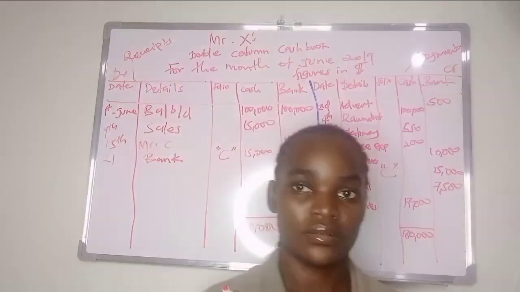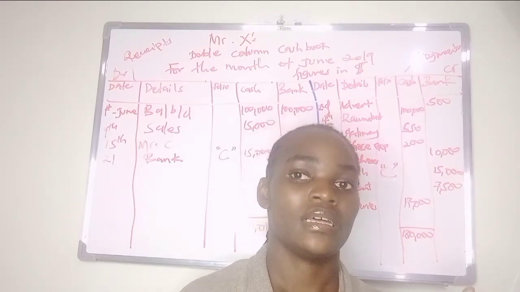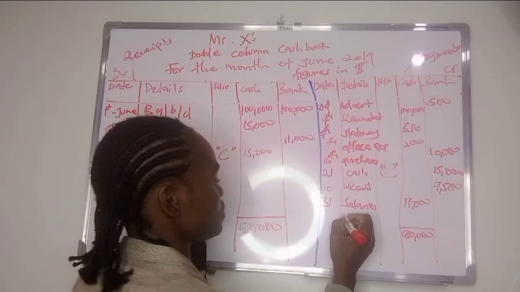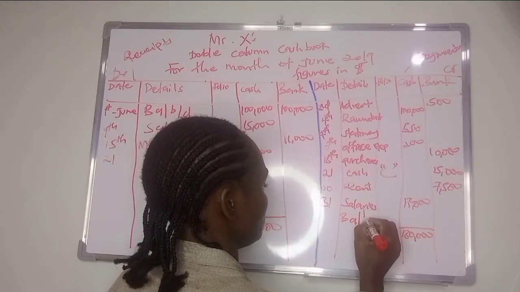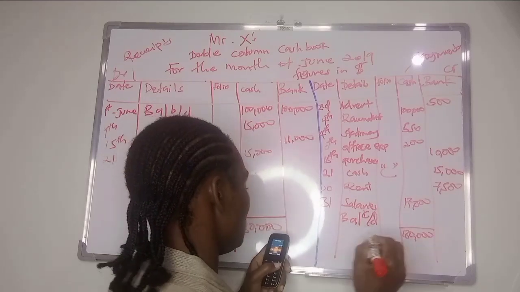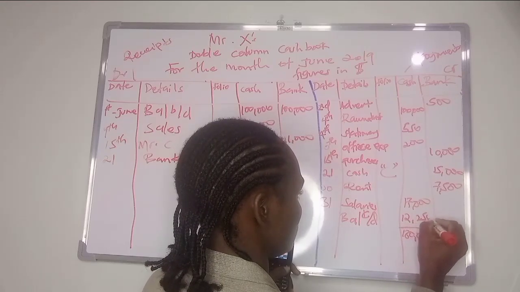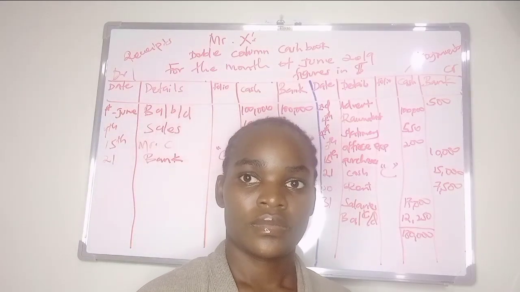The balance carried down, the closing balance, and it is always put on the smaller side. So this side was smaller, so balance carried down, which is 12,250, like that.